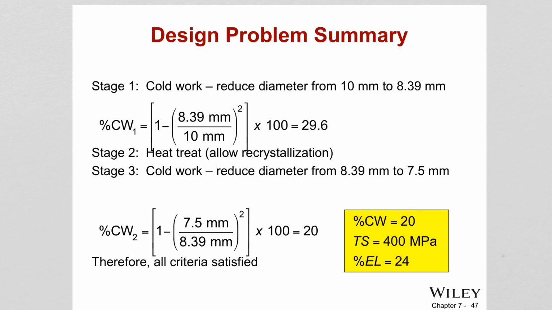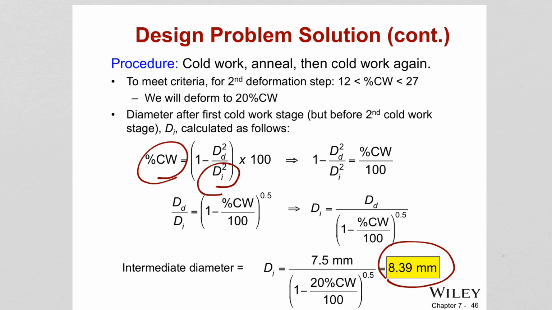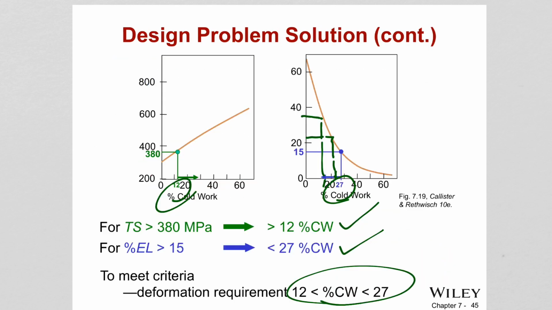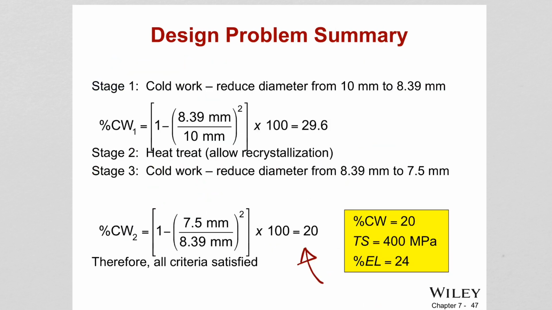This one we calculated from the second cold work, and so we were able to satisfy, as in the previous calculation, 20% cold work, and at the end the tensile strength is nearly 400, and percent elongation is 20%.